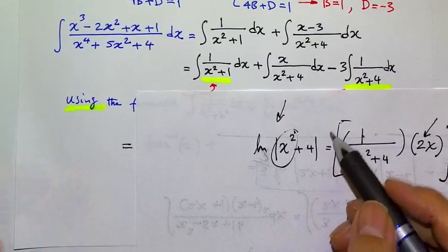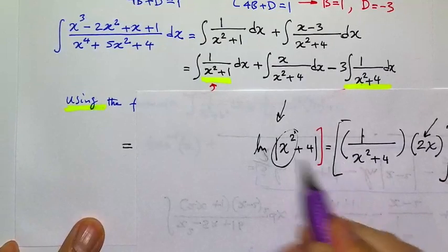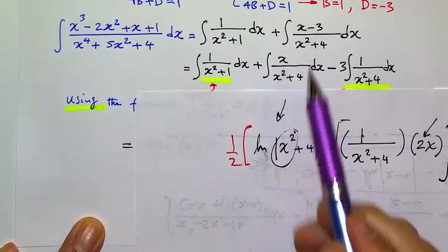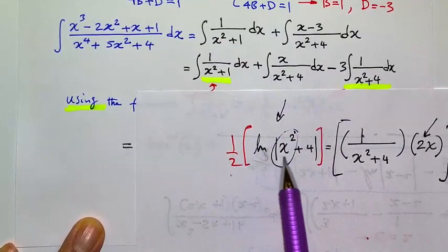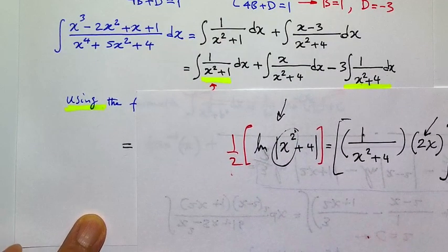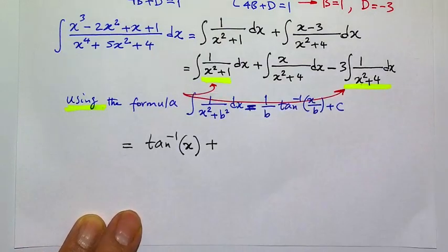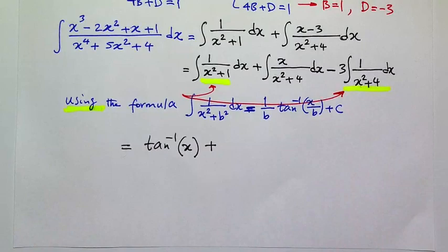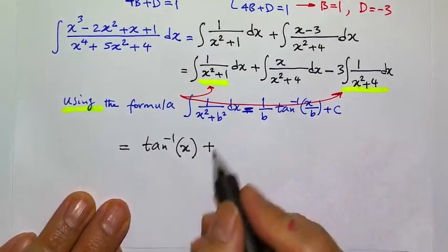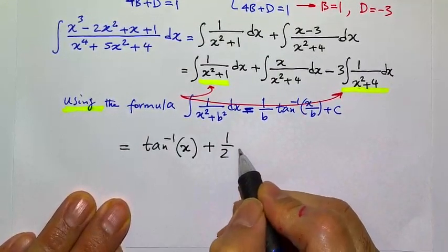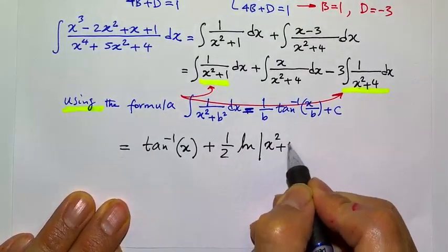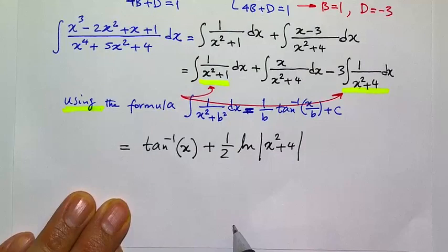So the integral of that would be 1/2 times natural log of absolute value of x squared plus 4, like that. I don't have much room left here, so I just wanted to show you that on a piece of scratch paper.